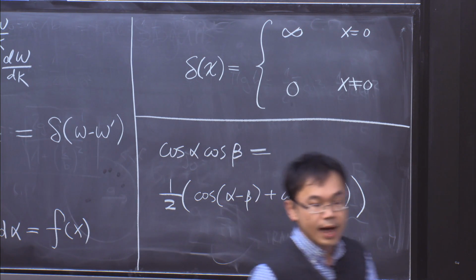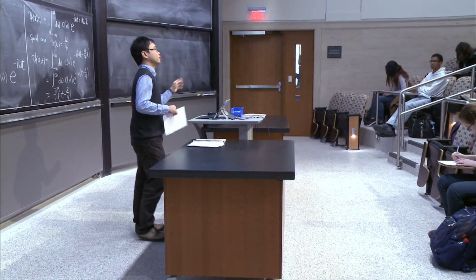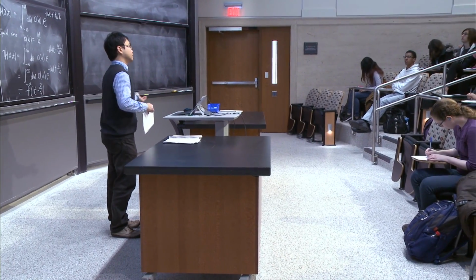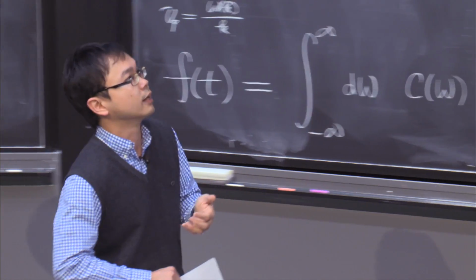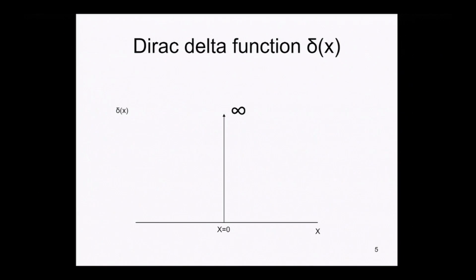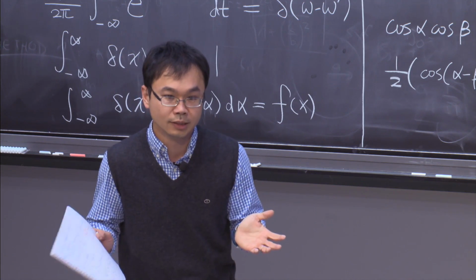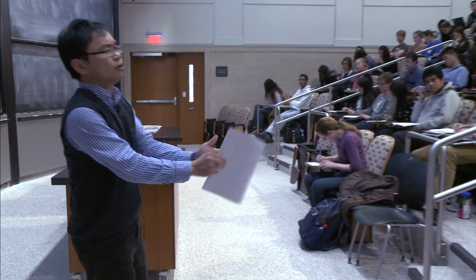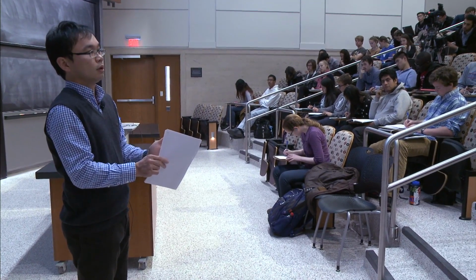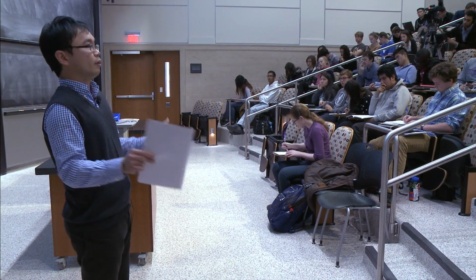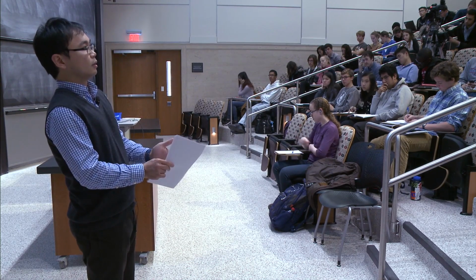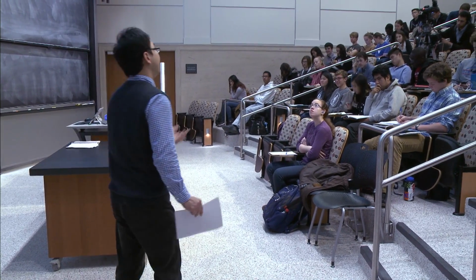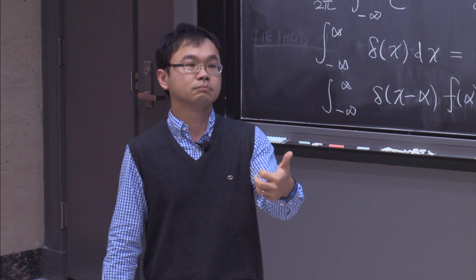And the area of this function, if you integrate over x from minus infinity to infinity, the integral of this delta function, the area, is 1. So it's a really, really narrow function. Very narrow, but the area is finite, which is 1.